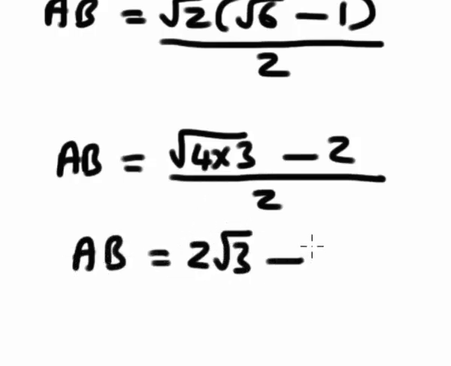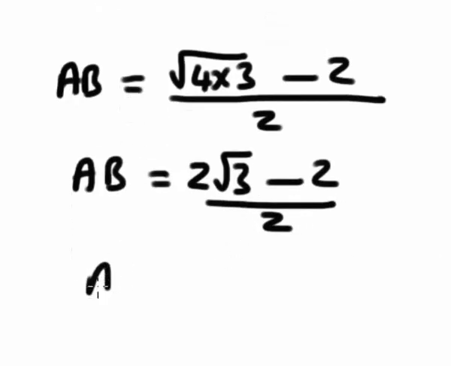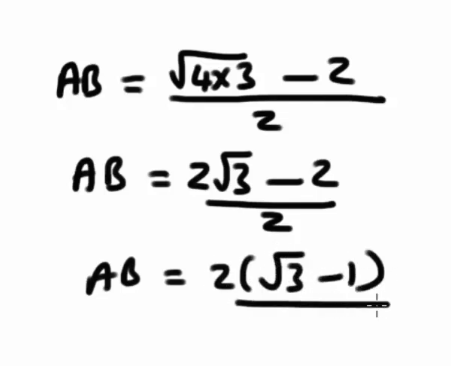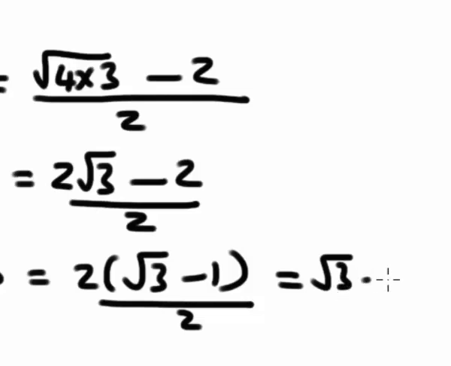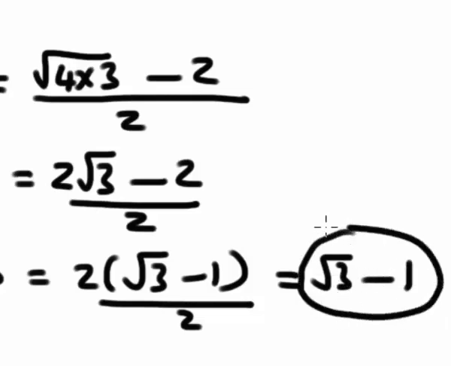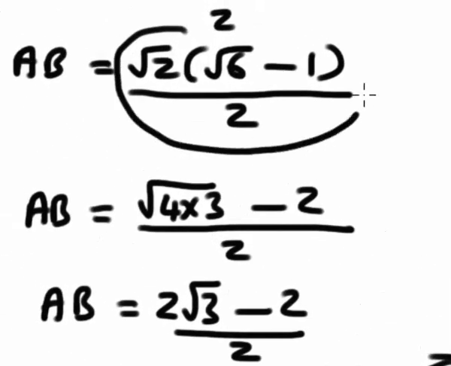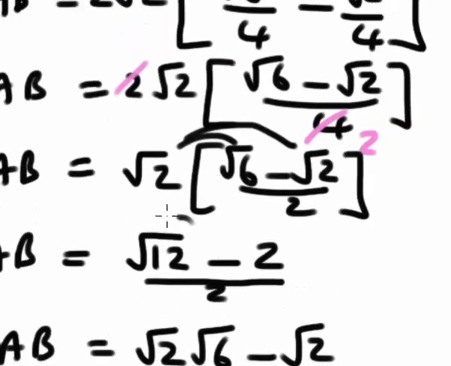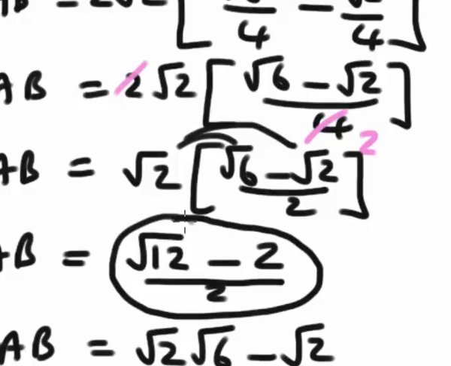You still have root 3, so you could do that, and then maybe take out the 2. So there are many different ways that you could do that. Which gives me just root 3 minus 1. So that would be an acceptable answer. This would be an acceptable answer here, and the other one at the top would also be fairly acceptable. Alright, so any of those would be fine.